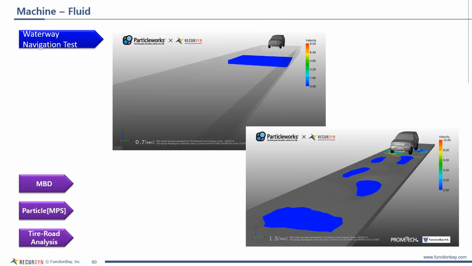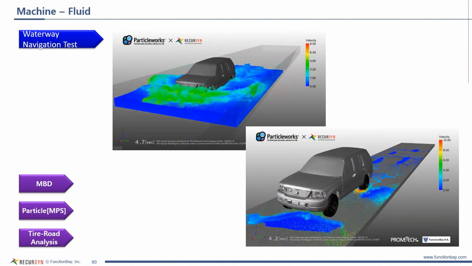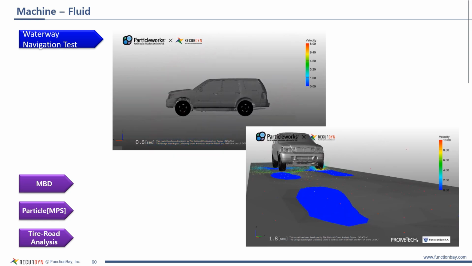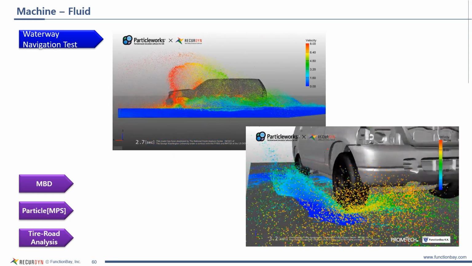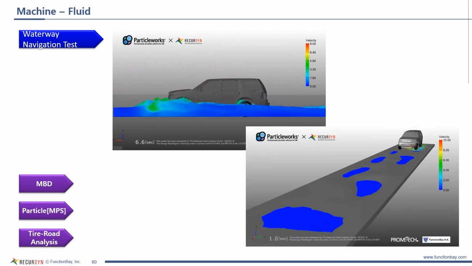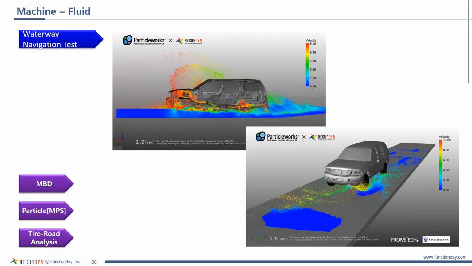The previous example simply illustrated the buoyancy acting on equipment operating on water. This time, let's look at an example of a dynamic analysis of both the movement of water itself and the movement of the equipment interacting with it.